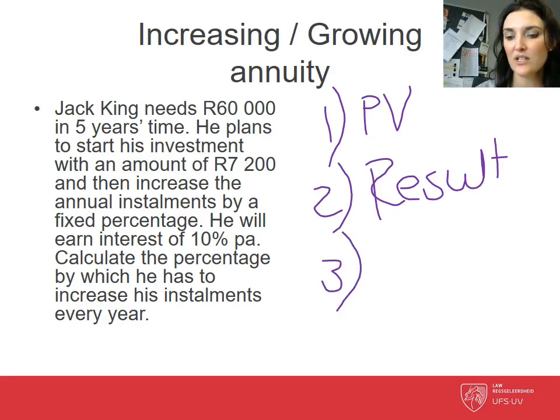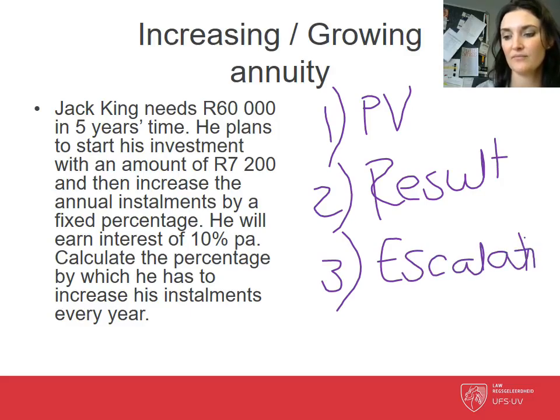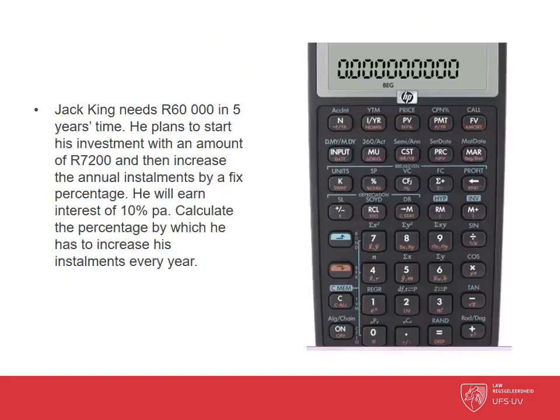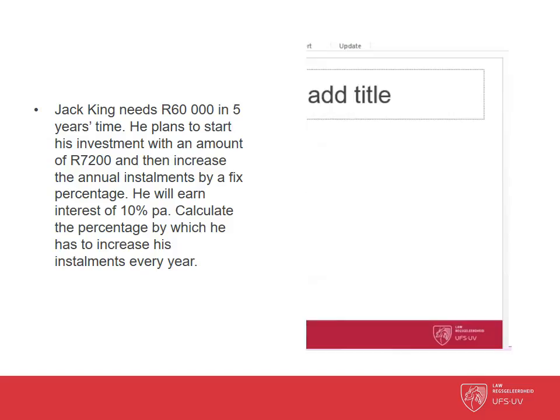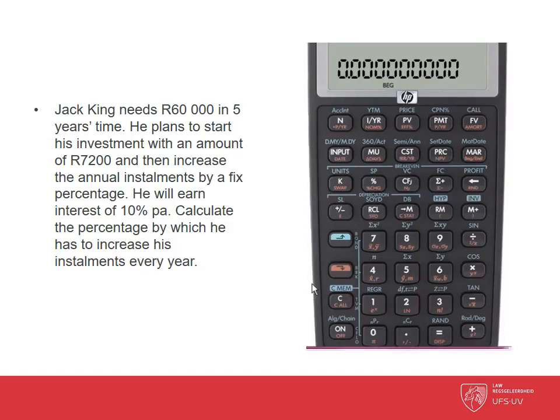And then lastly, you will calculate your escalation rate. Okay, so the question states that Jack King needs 60,000 Rand in 5 years' time. So we're going to work out the present value of that 60,000. So it's 60,000 future value over 5 years at an interest rate of 10%, and you want to work out what the present value is.